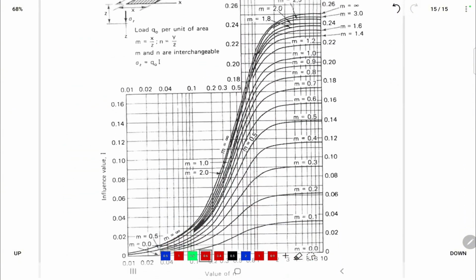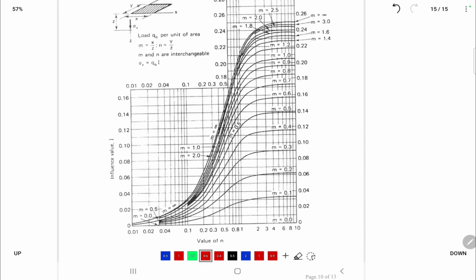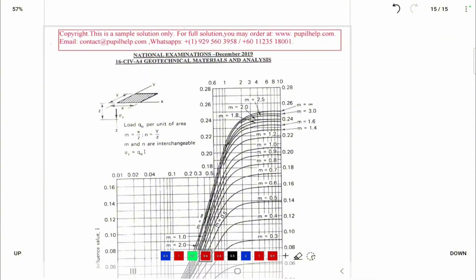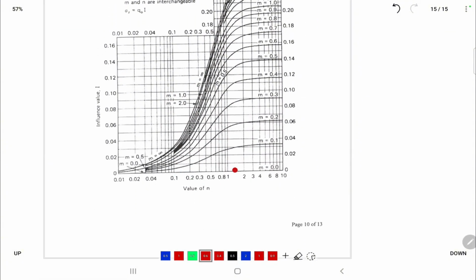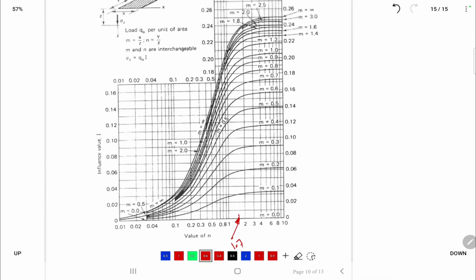I'll go to this chart. Here N is 1.7, and somewhere here is 1.7. It is an approximate solution. I have N 1.7, so it is around here, and I'll go vertically till I cut the M line.